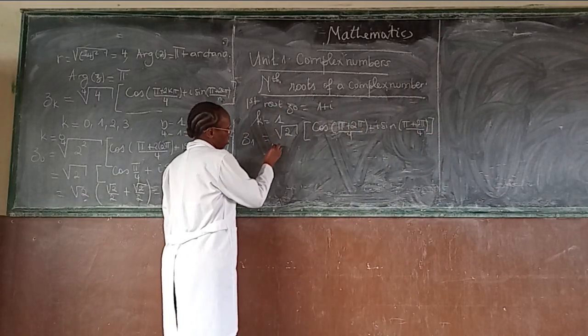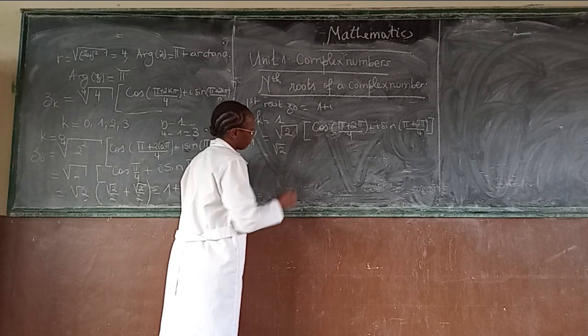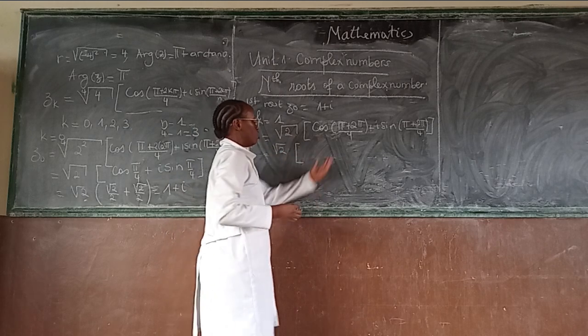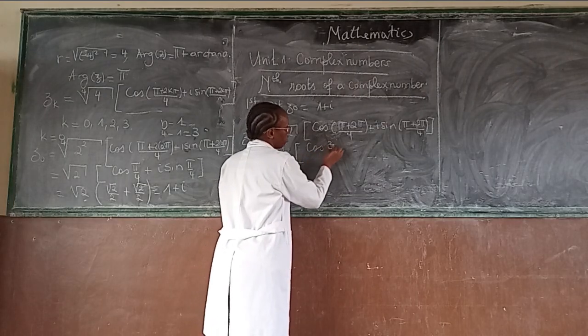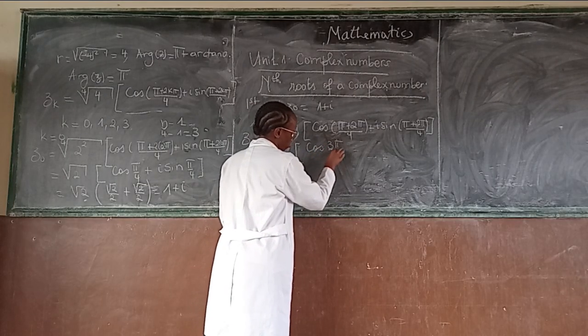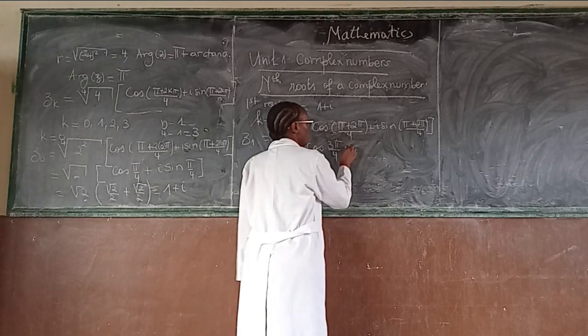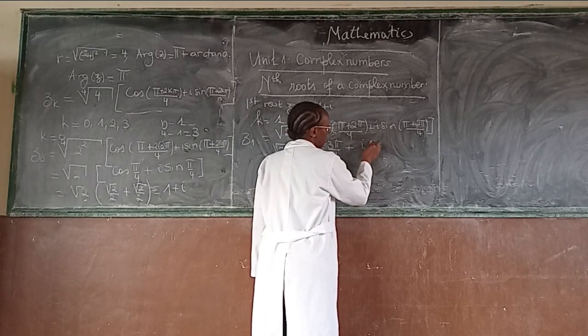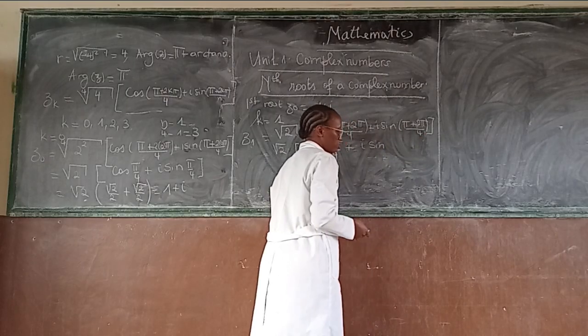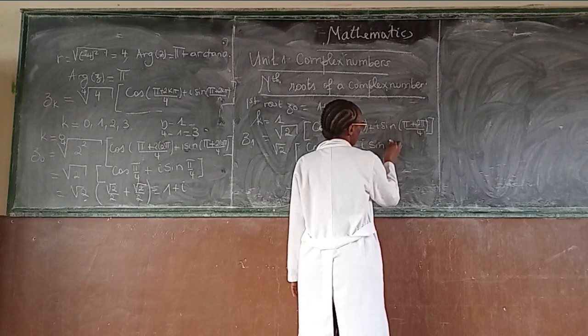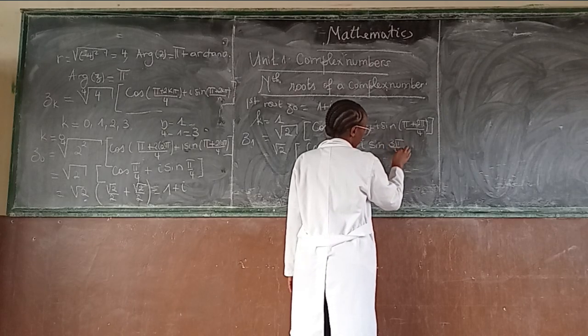From here we say with the square root of 2, so pi plus 2 pi will have cosine of 3 pi over 4 plus i sine of 3 pi over 4.